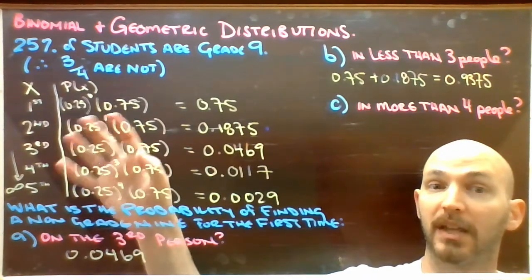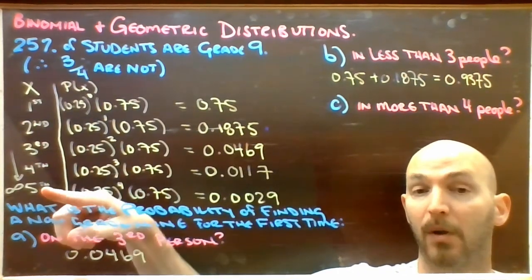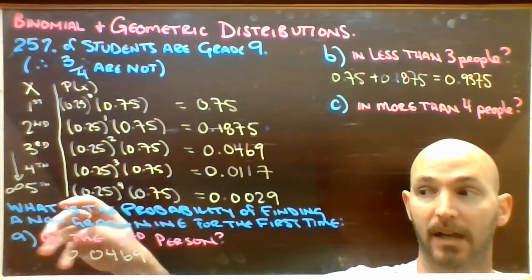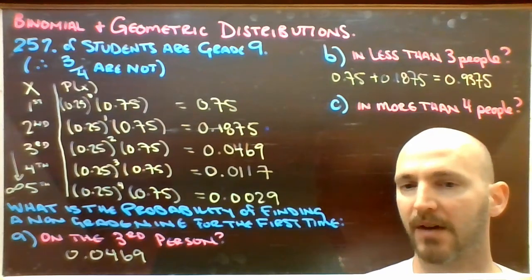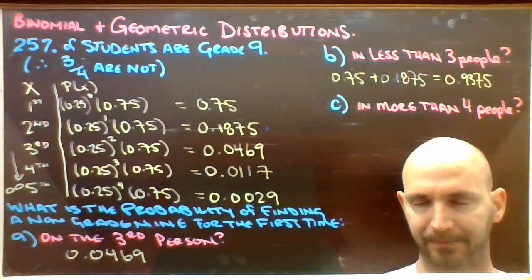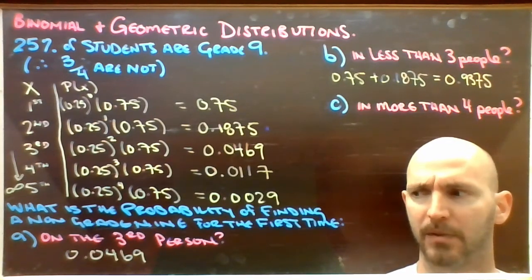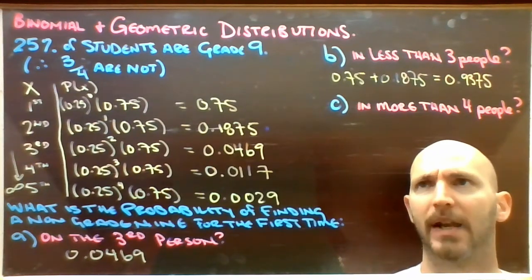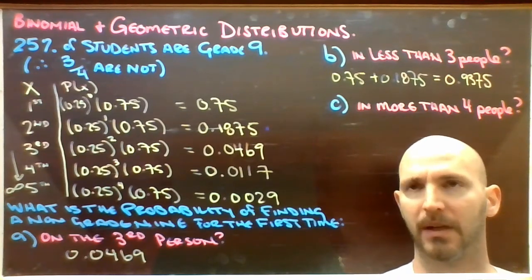Now that's a tricky one for this table, because more than 4 would be this row, and the 6th, and the 7th, and the 8th, and the 9th, which I've erased. But it also includes the 10th, 11th, 12th, 13th, etc., all the way to infinity. Well, that's no good, because I don't want to make an infinitely long table. We've said this before. You have better things to do with your day than write this table forever. So we're going to be a little tactical about it.